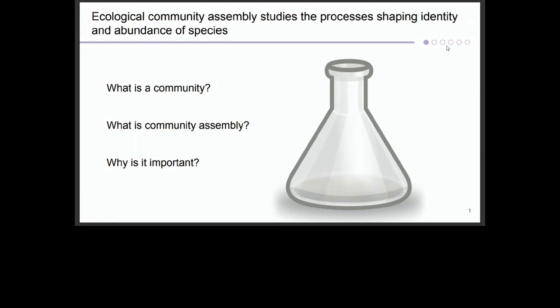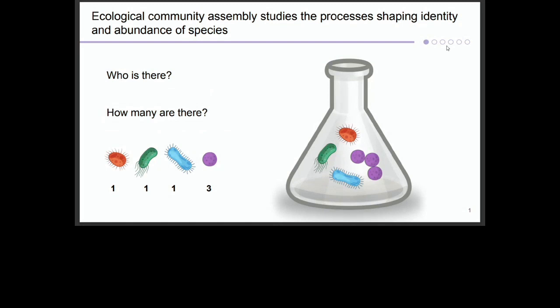Let's imagine we have a collection of organisms, of individuals, and we know that these individuals interact with each other. And as a microbial enthusiast, I would like to use the example of microbes. That is a community, a collection.